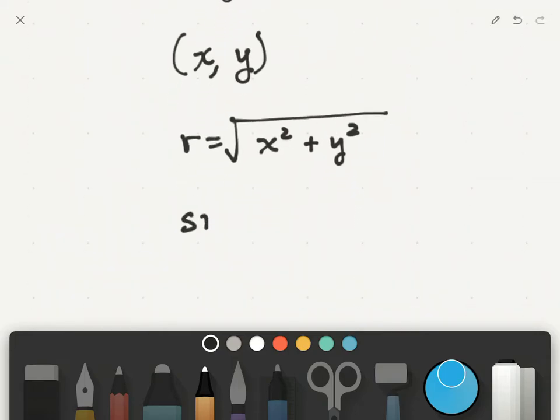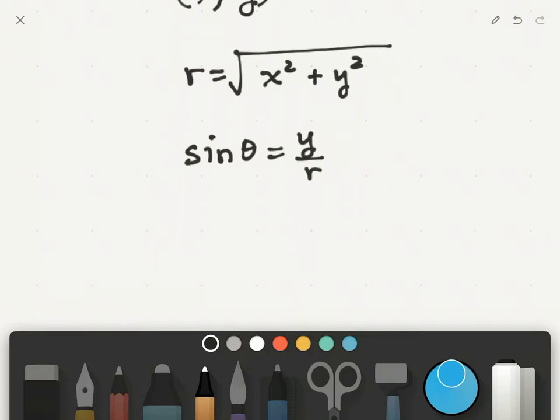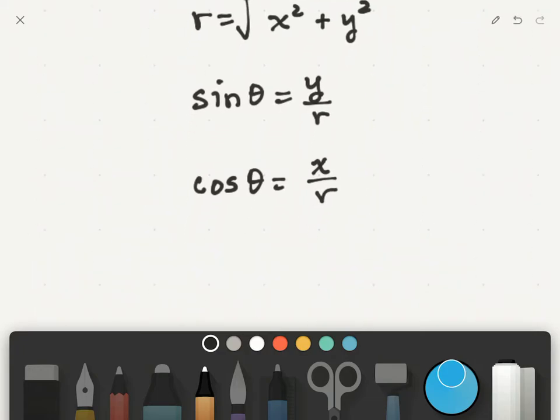And then we can use the ratio of y over r to define the sine function, and we can also use the ratio of x over r to define the cosine function. Kind of sweet. It's just real simple.